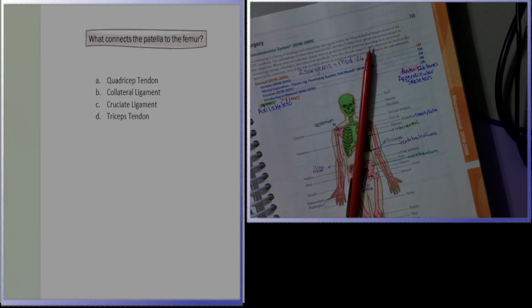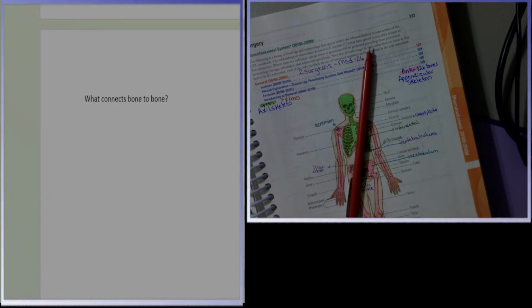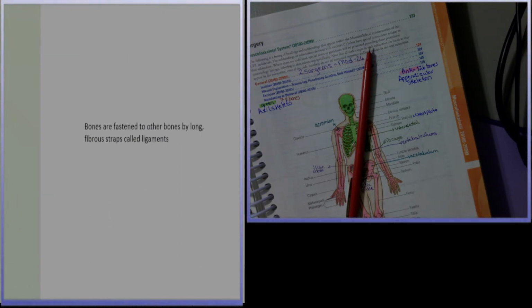Something about this free floating bone that moves around on your kneecap, it's actually held on by the tendon, which is crazy, when the answer to this one, bones are fastened to other bones, is on a ligament area. So it gets crazy and it's very confusing. That's why knowing these particular exact things is super helpful for the CPC exam or any other medical coding.